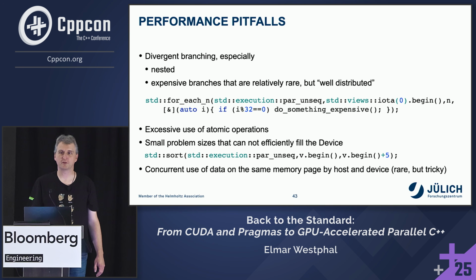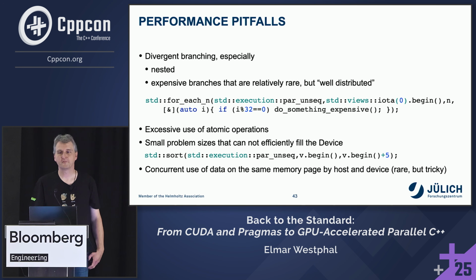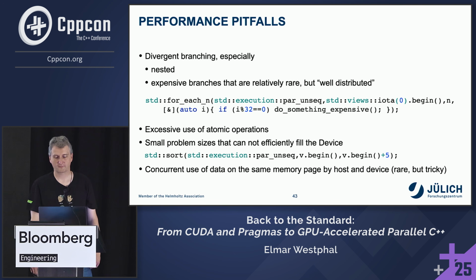If your data region is small and your algorithm is fast, you will not see much of a speed up here, or usually it will slow down because of the overhead.